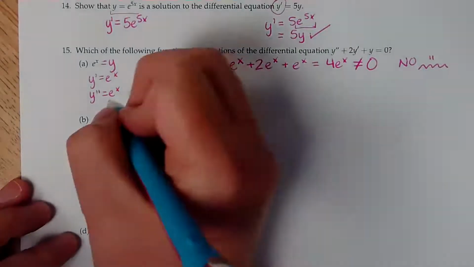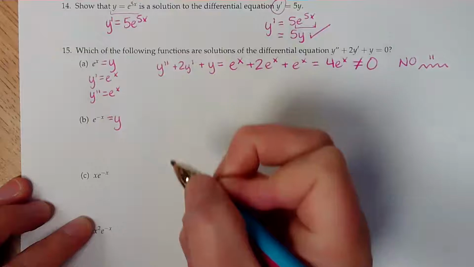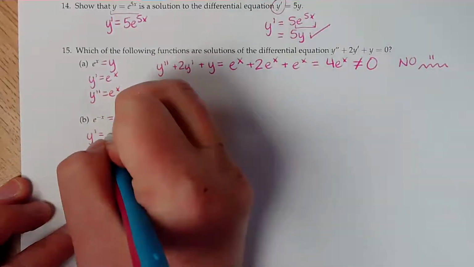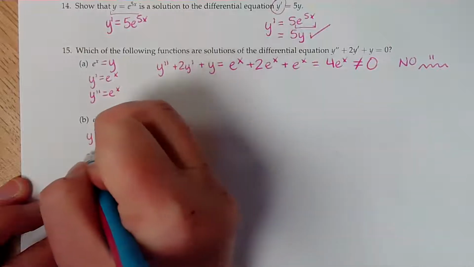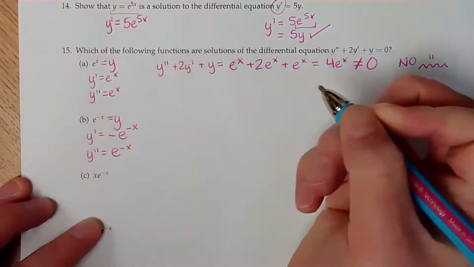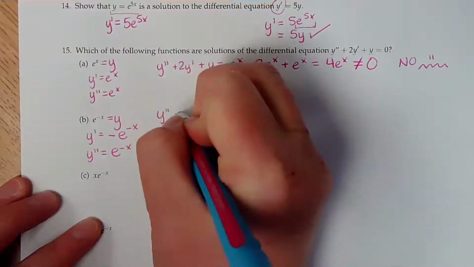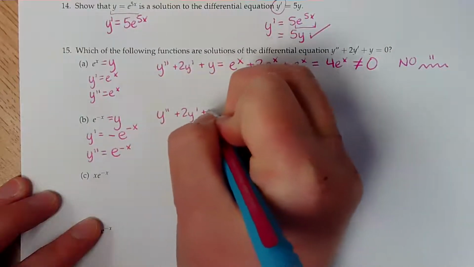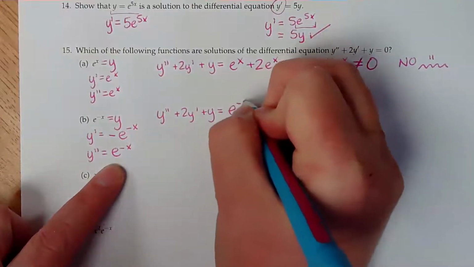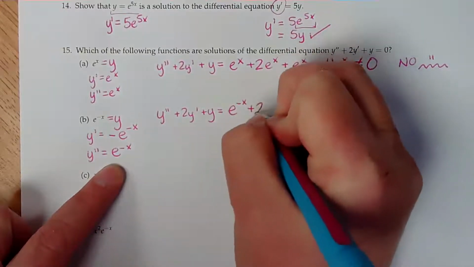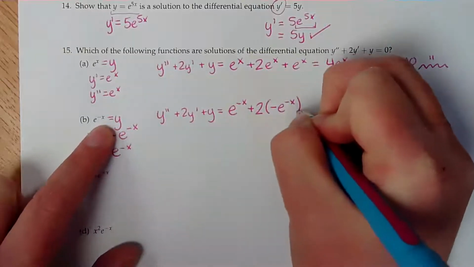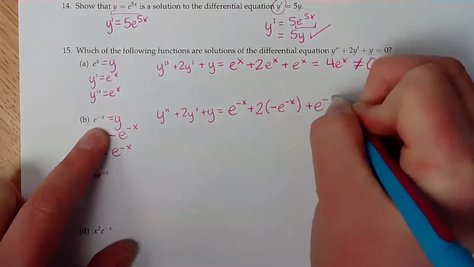Let's try B. So this time y is equal to e to the negative x. So my y prime here is negative e to the negative x. My y double prime is positive e to the negative x. So same process, I'll start out with y double prime plus 2y prime plus y, and I'm going to replace those with what they're equal to. So I get e to the negative x plus 2 times negative e to the negative x, and then plus y, so plus e to the negative x.